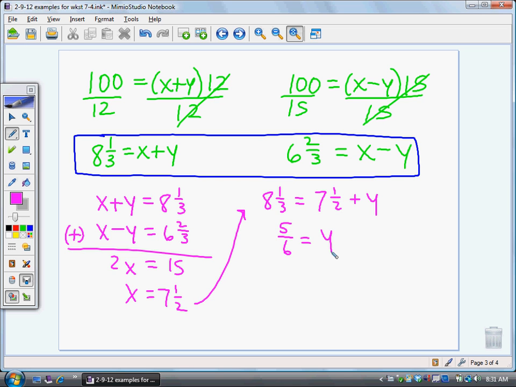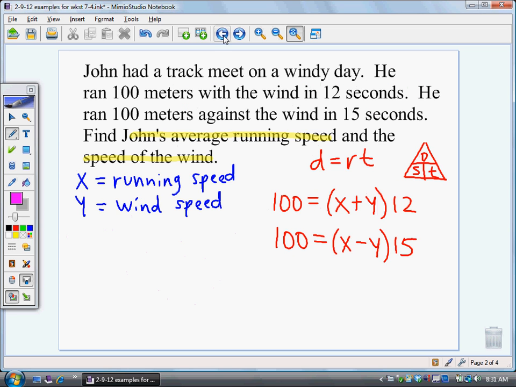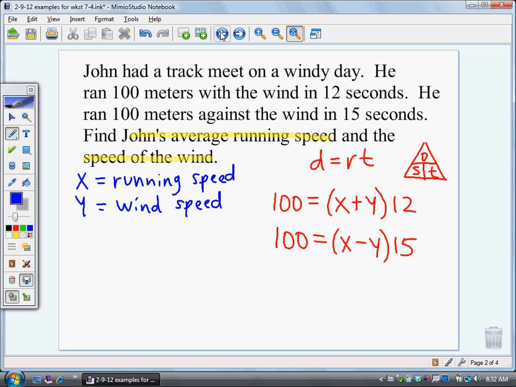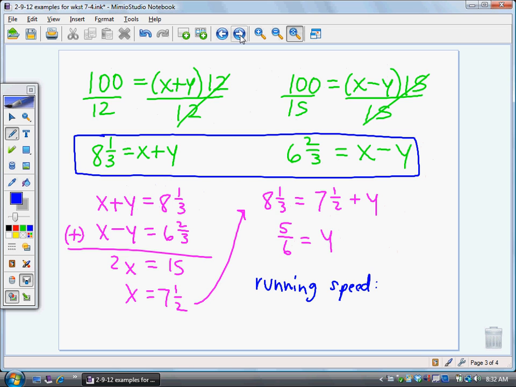And so your running speed, remember back here we said running speed was x, wind speed was y. So the running speed would be 7 1/2, and in this case we're doing meters and seconds, so it would be 7 1/2 meters per second, and the wind speed would be 5/6 of a meter per second.